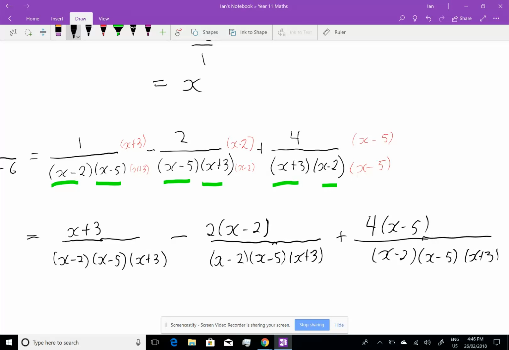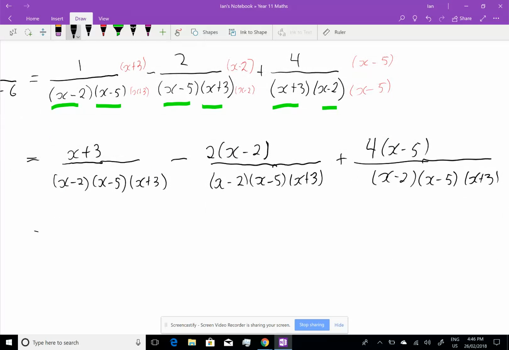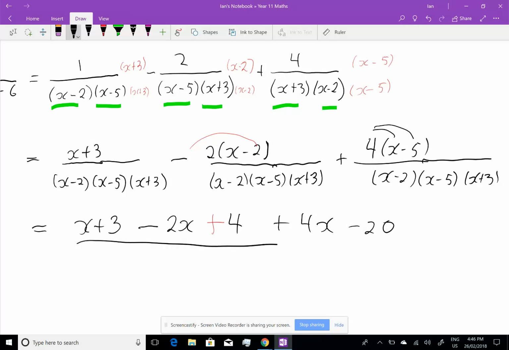So now I've got the common denominators, I can put it all together. So it equals x plus 3 minus 2x. Be careful here, minus 2 times minus 2 plus 4 plus 4x minus 20. And I've got the same denominator now, I only have to write it once.